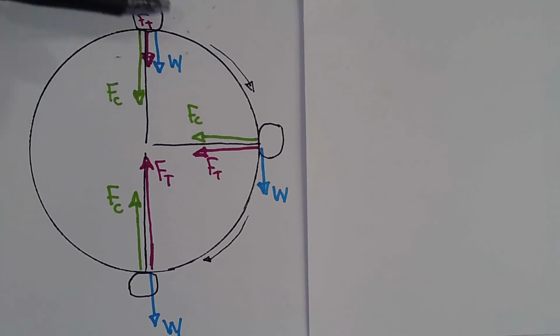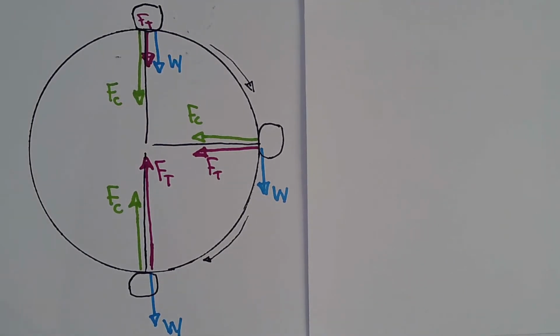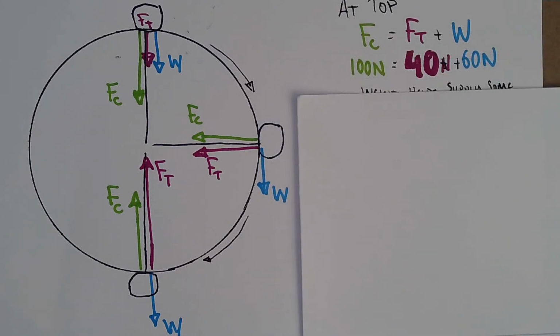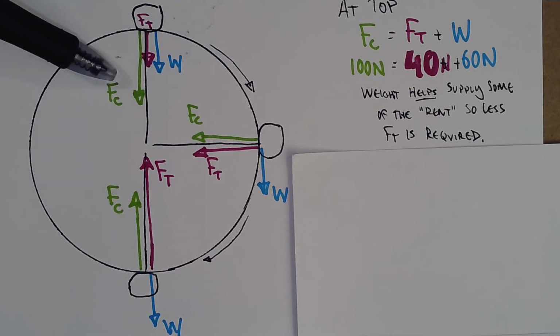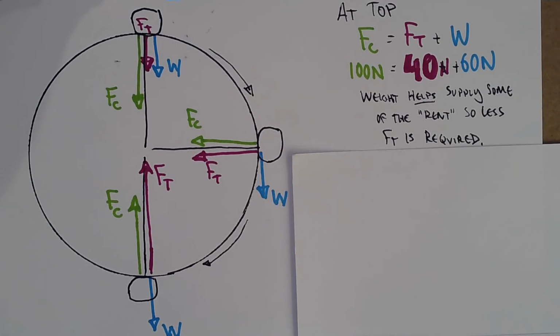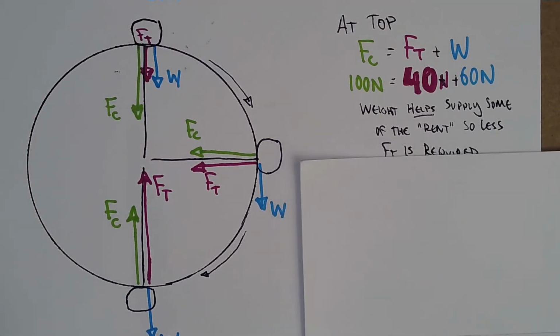Now, at the top of the loop, we have to pay 100 newtons. At the top of the loop, weight is acting downward. So we have to pay 100 newtons acting downward. And the weight is already like, hey man, I got this, I'll help you out.